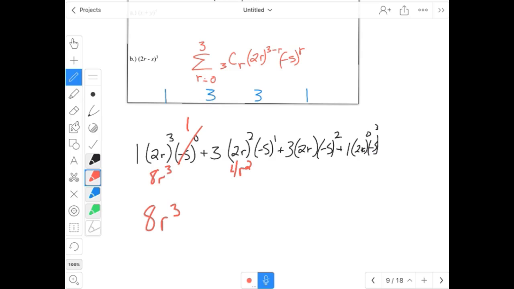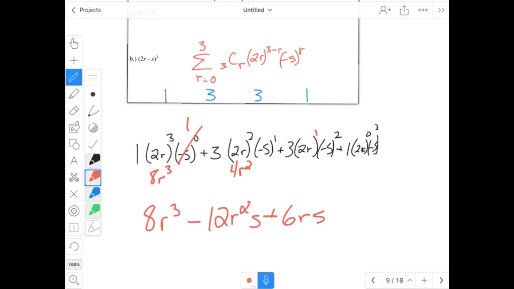So that's going to end up being 3 times 4 times negative 1, which is negative 12 r squared s. The next one, our 2r is to the first power, but our negative s is squared. So negative s squared is going to be positive s squared. So it's going to be 3 times 2 times 1. So that's going to be plus 6rs.